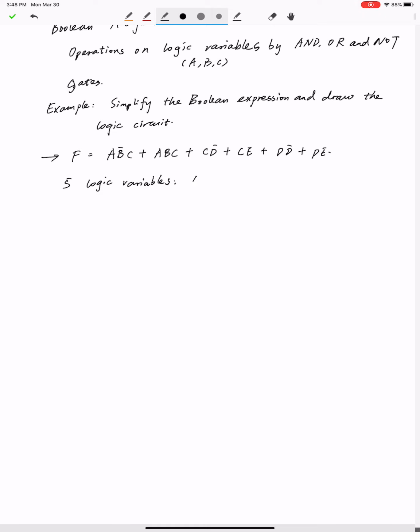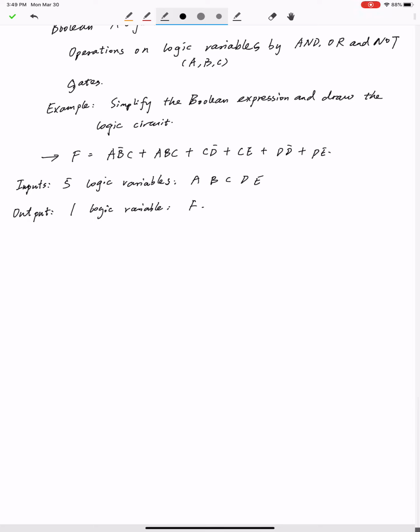They are A, B, C, D, E. Those 5 logic variables are inputs, right? And the output is one logic variable, which is F, right?